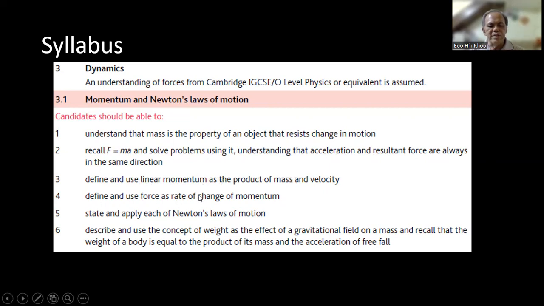Define and use force as rate of change in momentum. That's how you define it. State and apply each of Newton's laws of motion. Describe the concept of weight as the effect of a gravitational field on mass, and recall that the weight of a body is equal to the product of mass and acceleration of free fall.